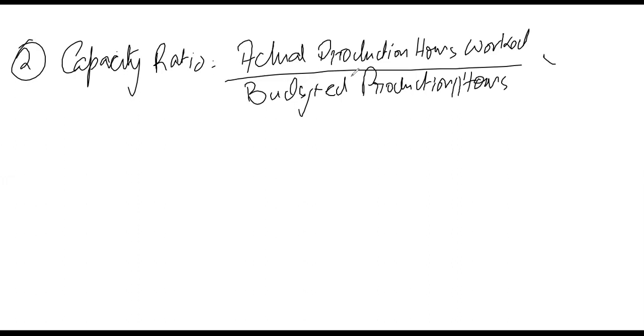Actual production hours worked divided by the budgeted production hours multiplied by 100.